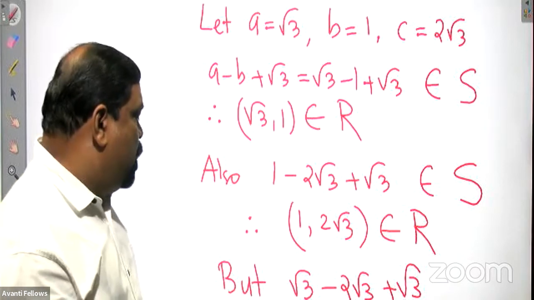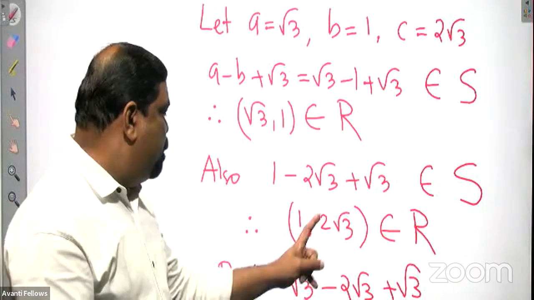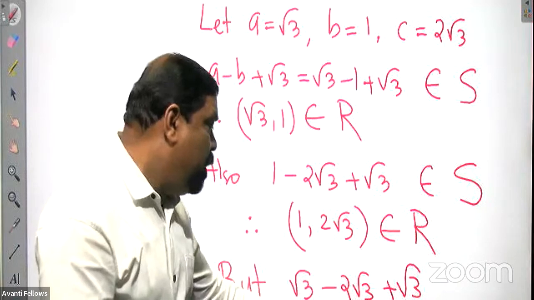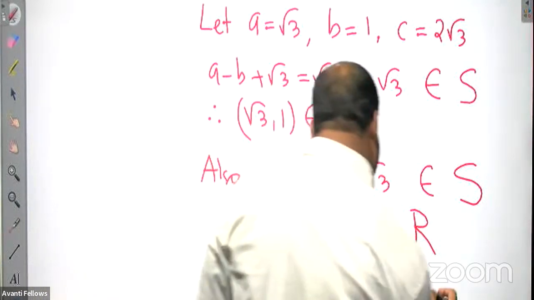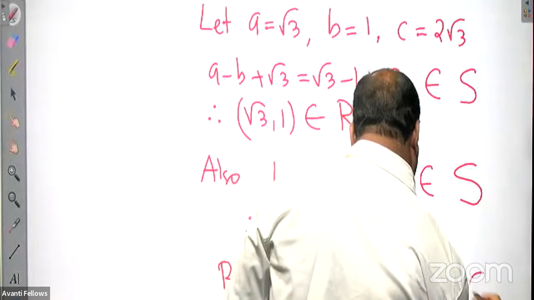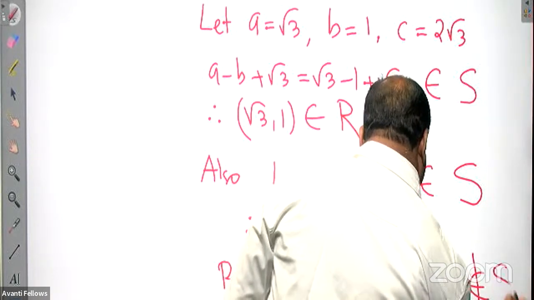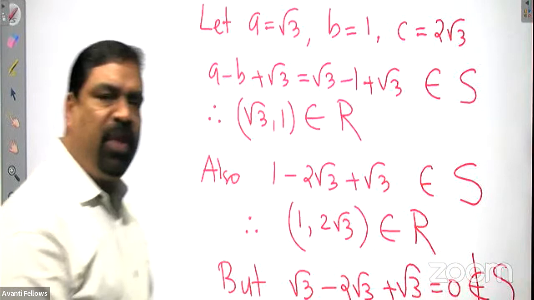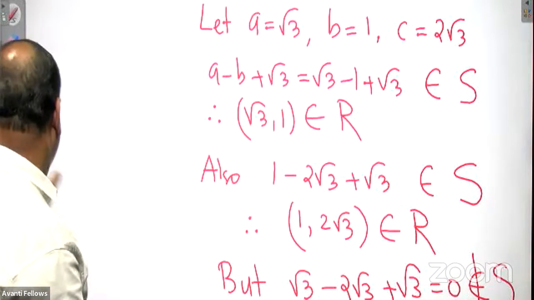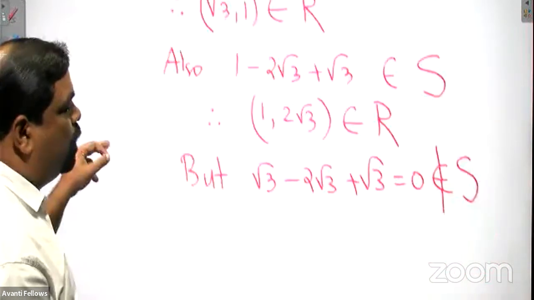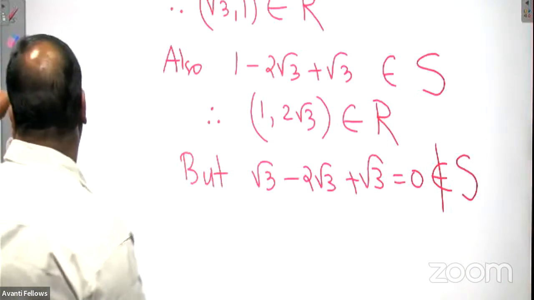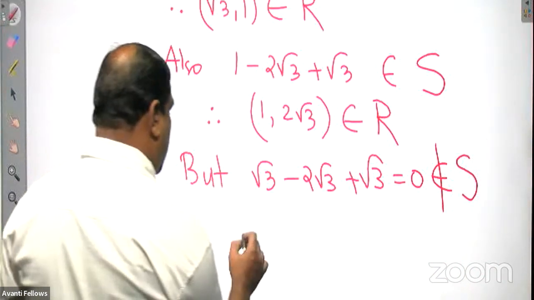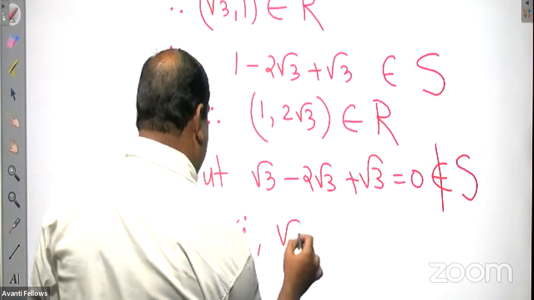So A minus C plus root 3 is equal to 0, and 0 is not an irrational number. That means this relation is not transitive. Why?